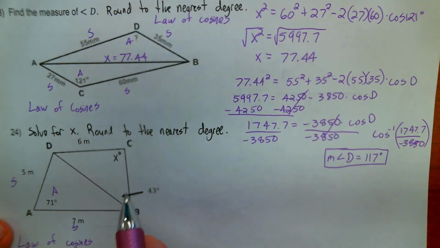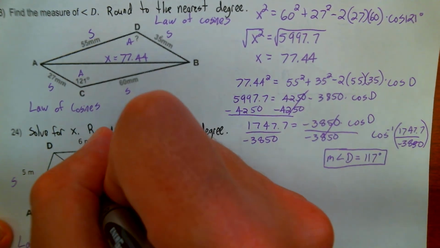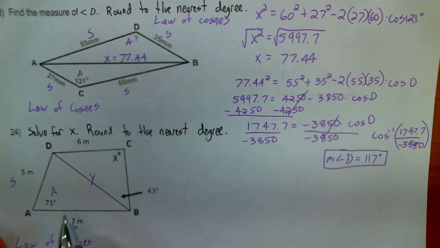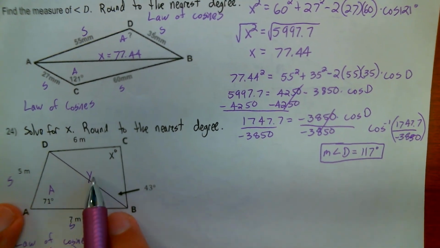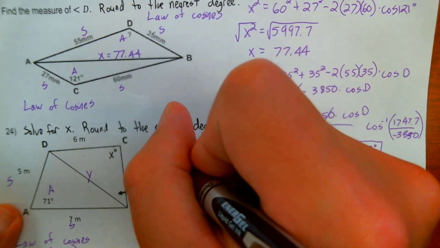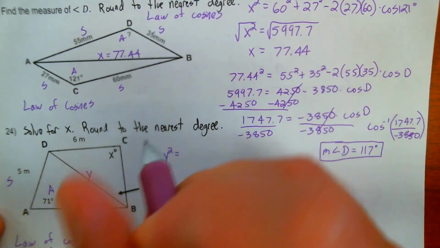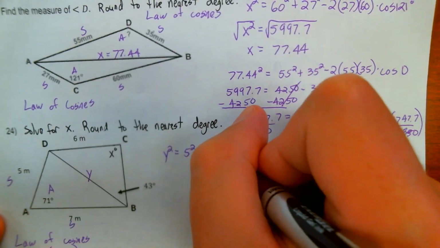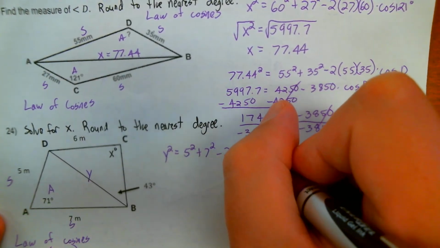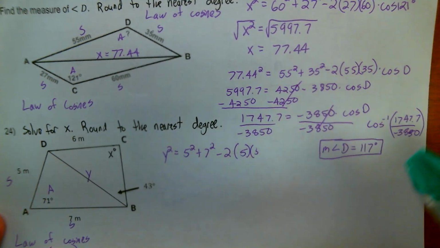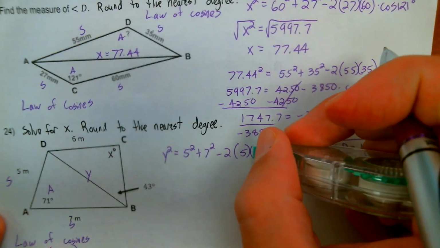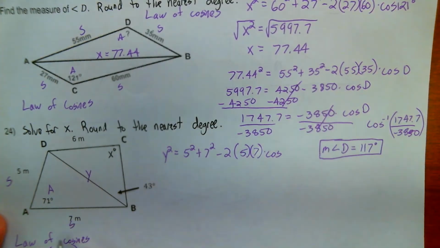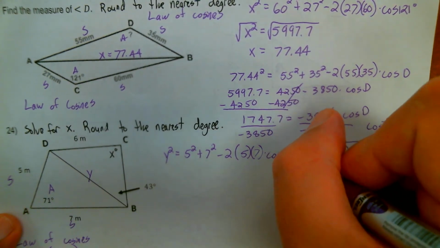We already have an x here, so I'll use y for the length of dB. So the side across from my angle squared, I'll start with that. y squared is equal to, square both of those, 5 squared plus 7 squared minus 2 times the product of both of those, 5 times 7 times the cosine of my angle, cosine of 71 degrees.